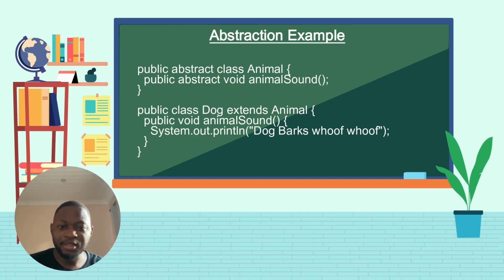That concludes our overview of what abstraction is. Next, we will dive into the code and just try to code it out and talk about it more. Okay, let's get it.